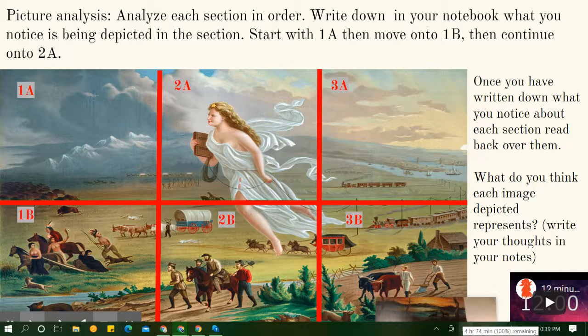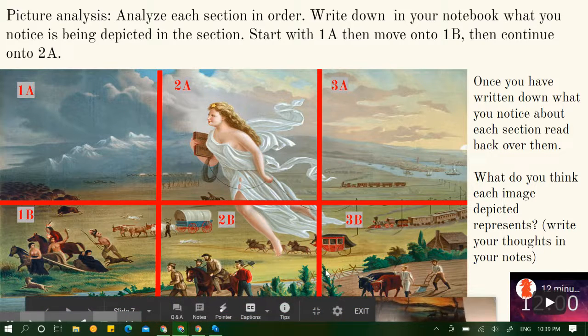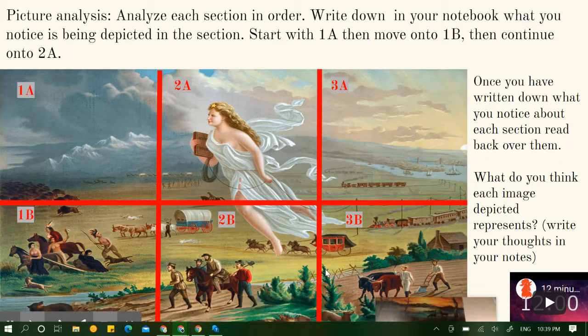For the analysis, I've broken it into a step-by-step thing for you. You need to analyze each section here. Write down in your notebook what you notice is being depicted in each section. You'll start with 1A, then move on to 1B, then continue on to 2A, 2B, 3A, 3B, and so forth. This is one very large painting that I broke up into 6 sections for you.